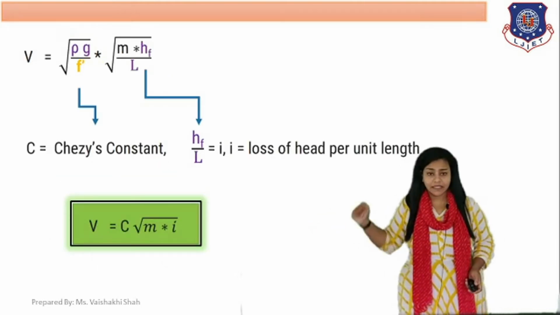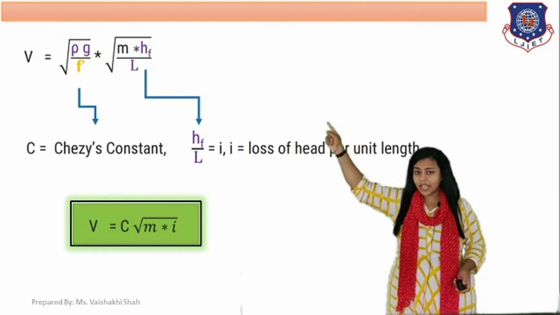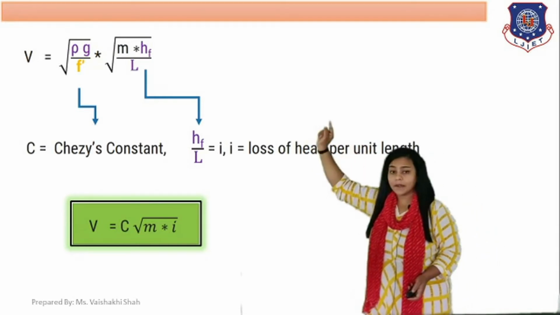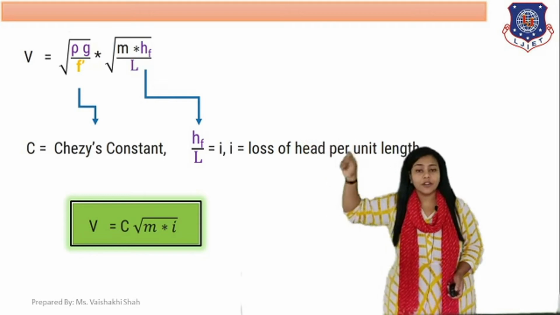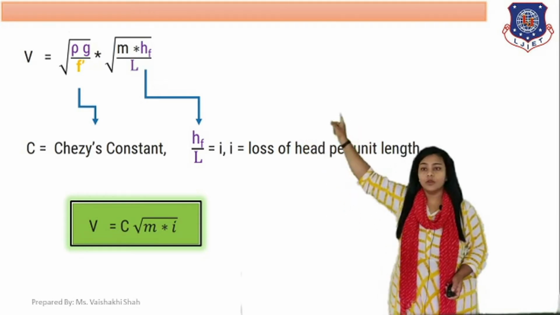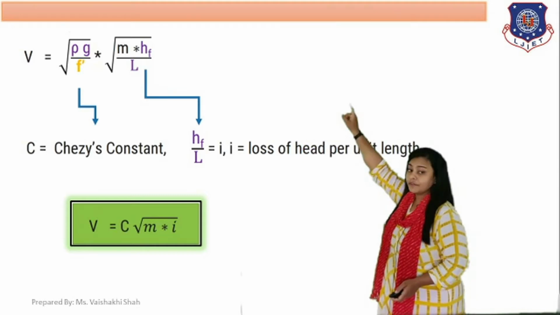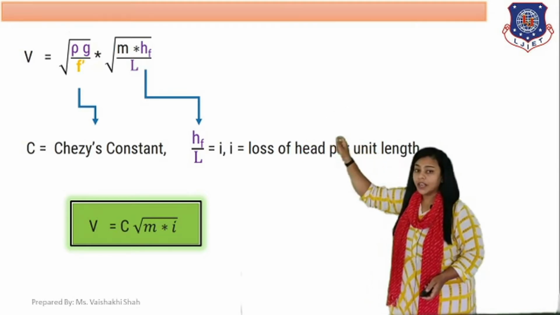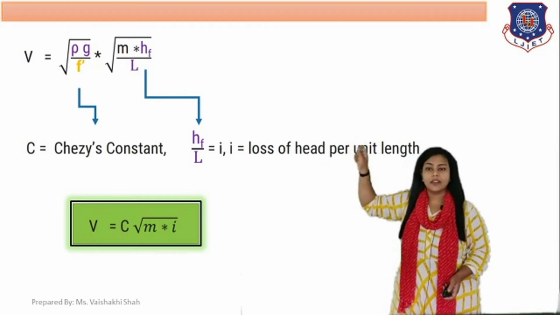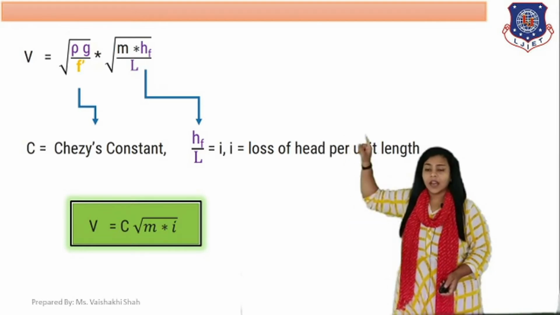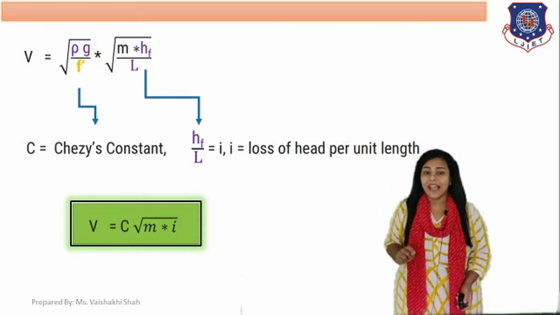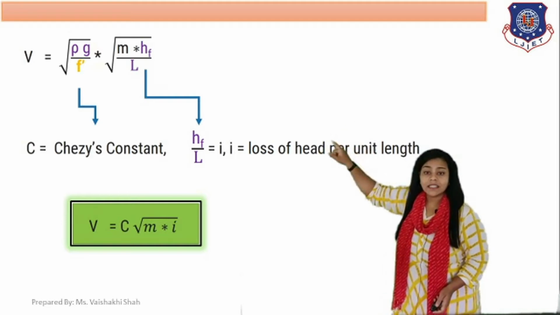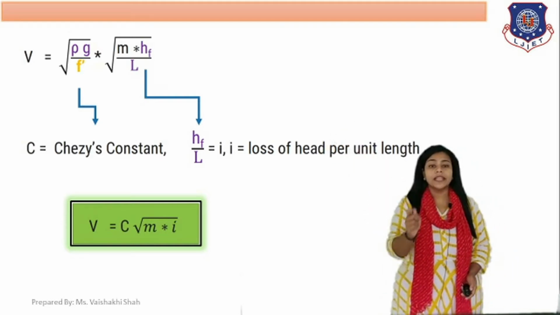So in this equation, V equals under root rho into g divided by f dash into under root m into hf by L. Here hf divided by L is the loss of head per unit length.